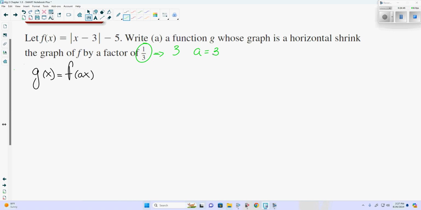Because it seems like it should stay 1/3, because that's how they've been working. We take that value and plug it in with its sign, but here we have to flip it. So when we plug that value in here, we get f of 3x. Questions on this so far, on how we did this?